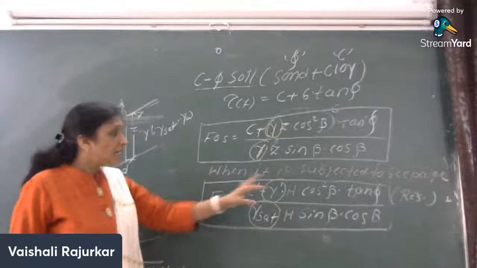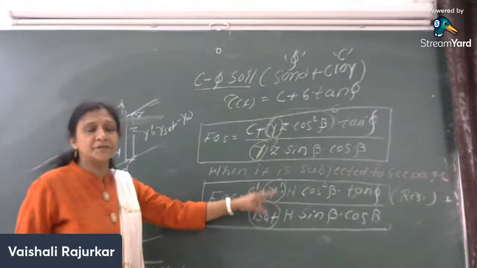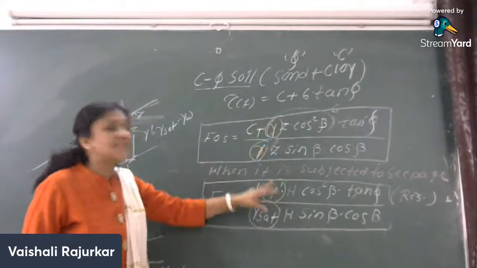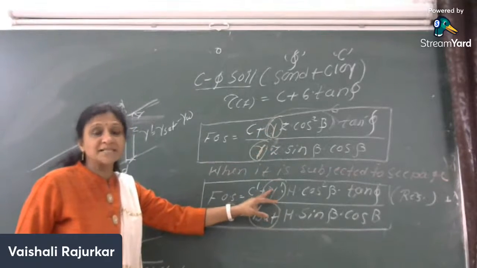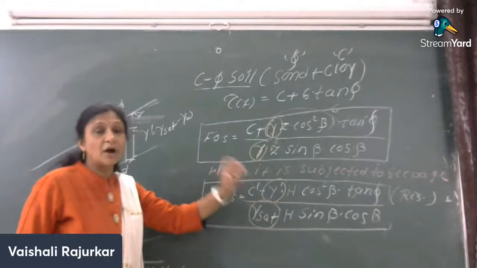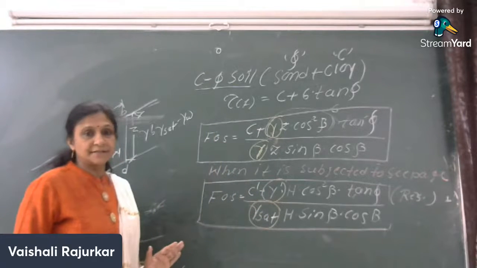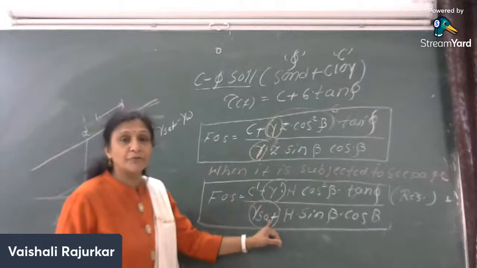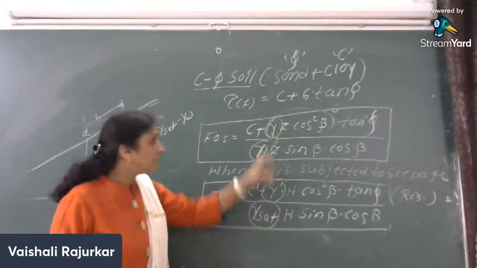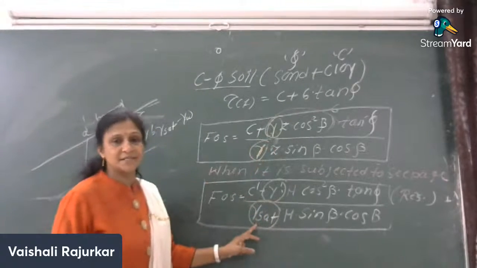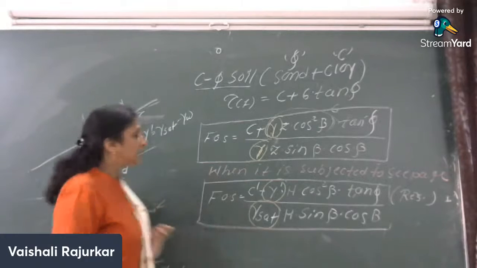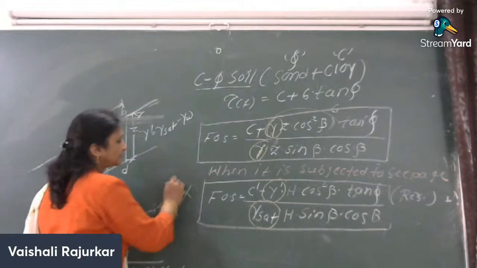In that case, the resisting force is reduced as gamma is replaced by gamma submerged. Gamma submerged has the least value out of all the values of density. And in the sliding force, it increases because gamma is replaced by gamma saturated. Therefore, this is the worst condition.